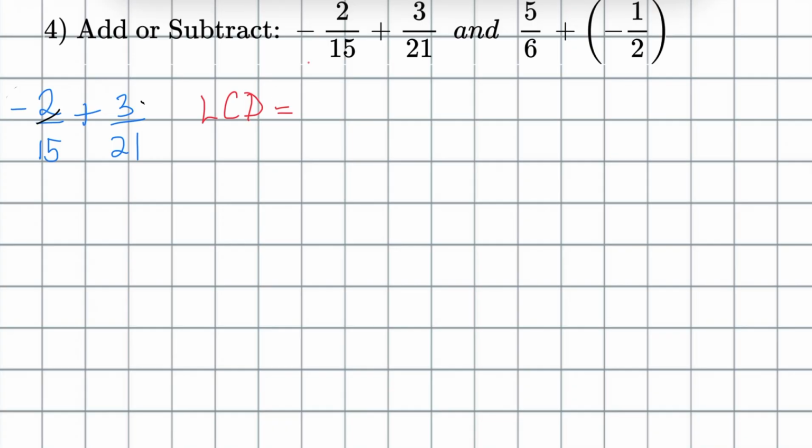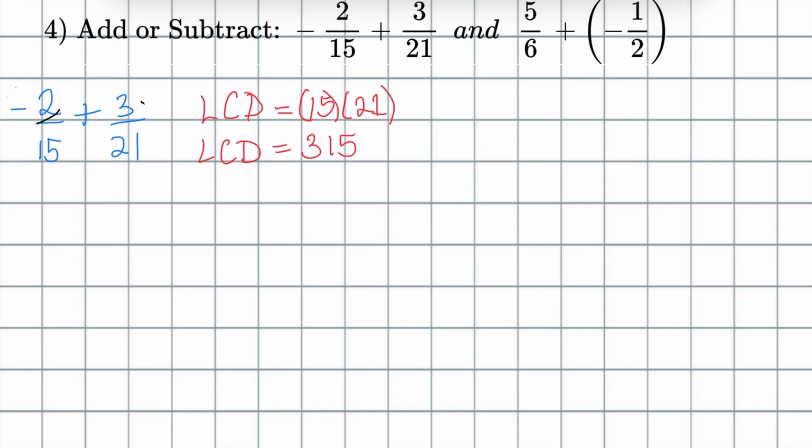But in this case, we are going to use this method just to be sure. So that's going to be 15 times 21, which is multiplying the denominators. The lower common denominator is going to be equal to 315. And we're going to use that number to make these denominators the same, and therefore we're going to be able to add these two numerators later on.